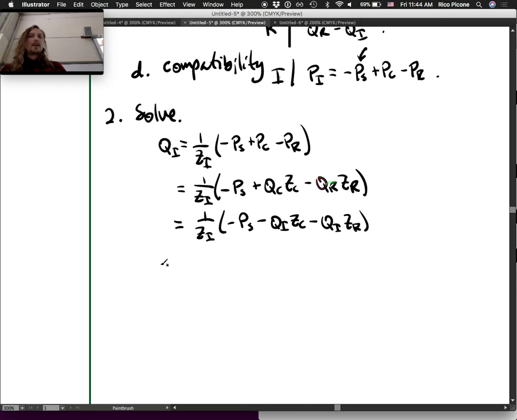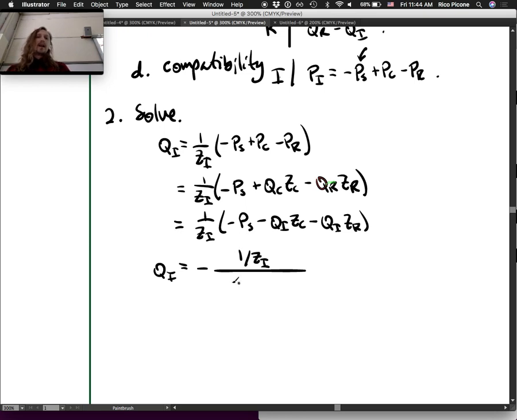So QI is still going to be on this side. And let's kind of do the adding over, the factoring out, and the moving back over all in one step because we like doing that. I like doing that. It's fun. So there's this negative sign still from the negative PS. So negative 1 over ZI is still left over here. And then we're going to divide by, we added these over.